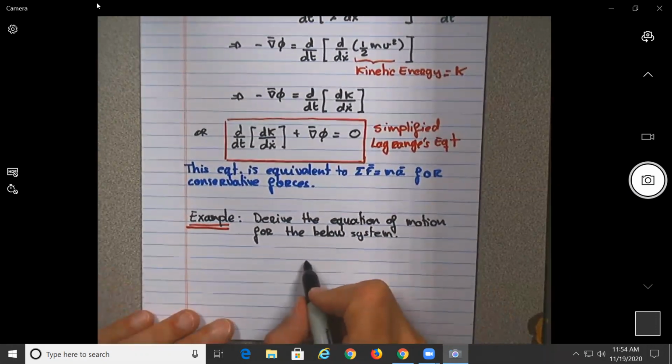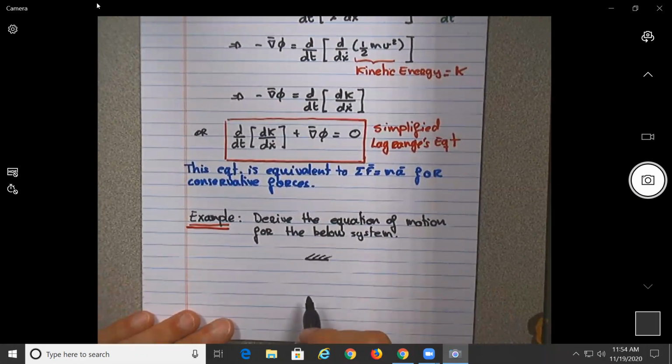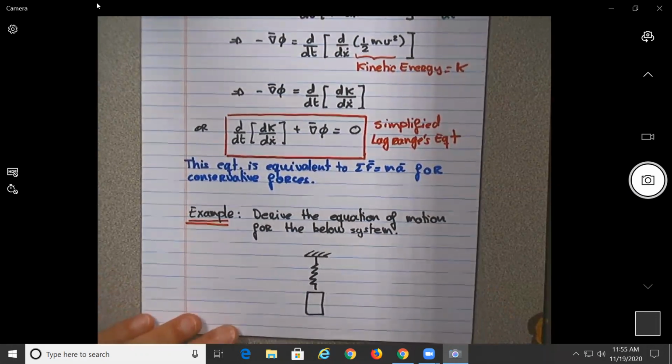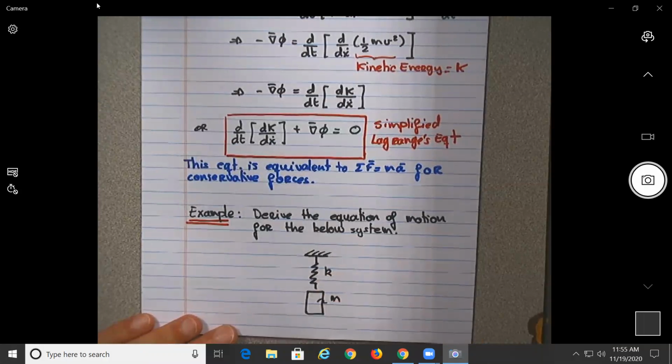And let's say our below system is just a mass attached to a spring. So this will be K, and this will be M. All right, simple, no? And what did we just study? Potential energy, mgh, spring force 1/2 kx squared, no? So it should kind of work.